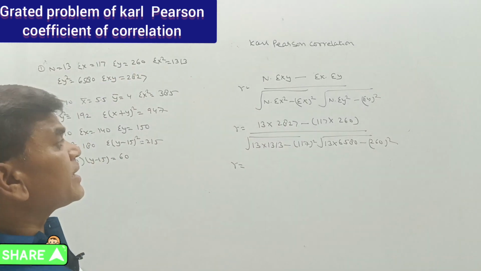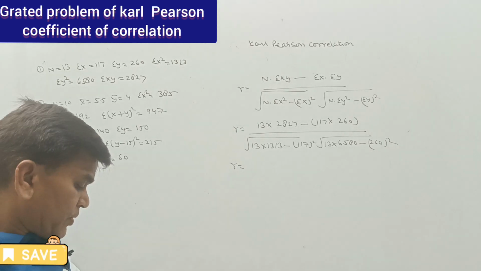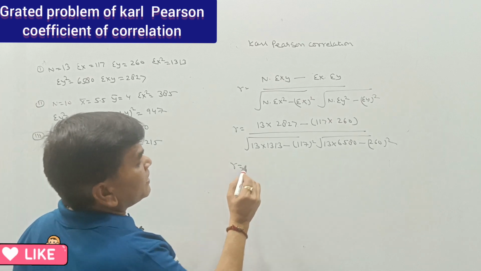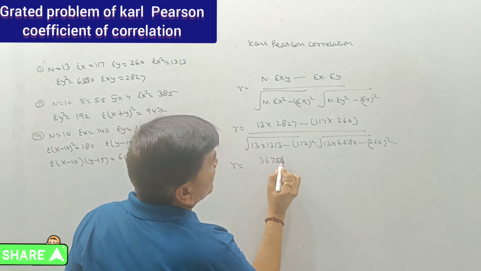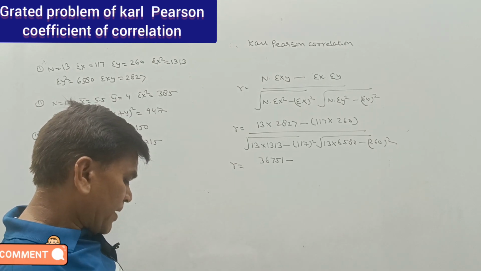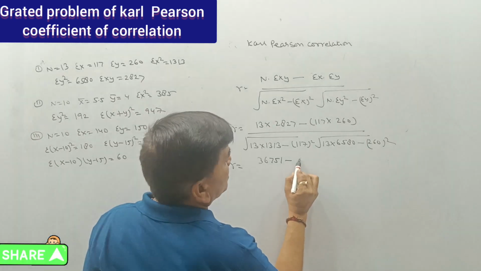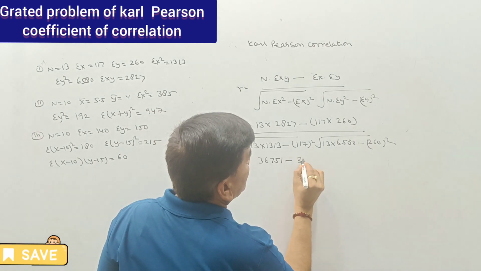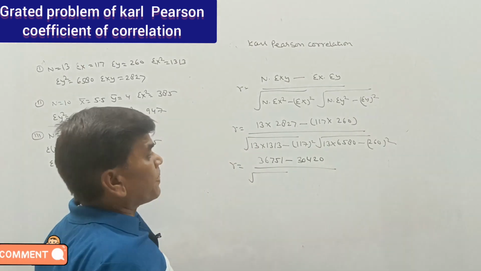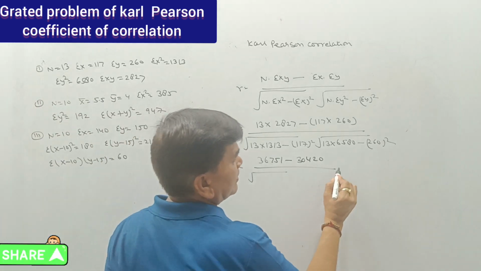First, 13 multiplied by 2827 is 36751, minus 117 multiplied by 260, which is 30420. The result is 6331.